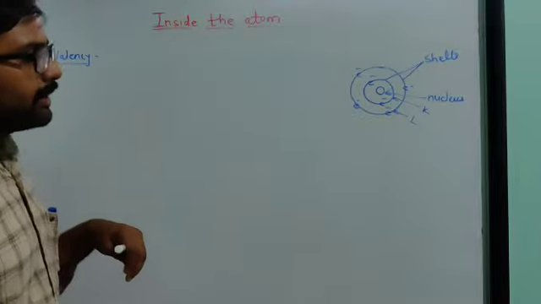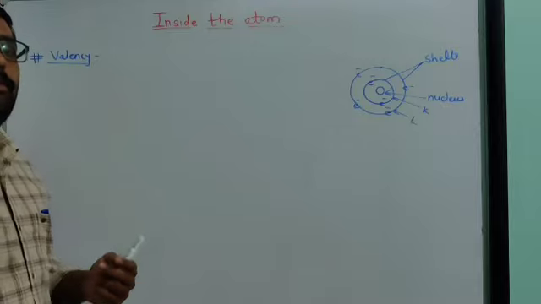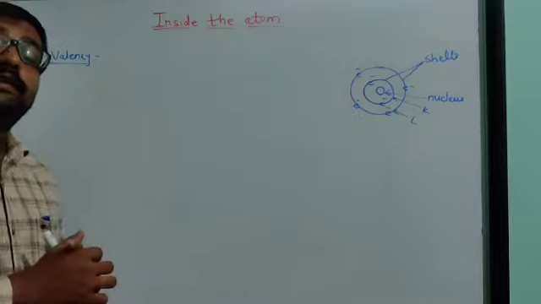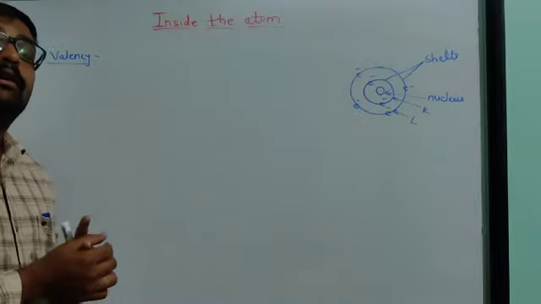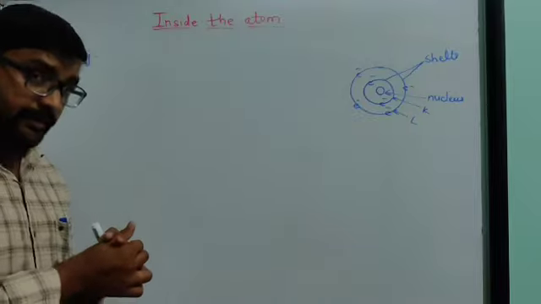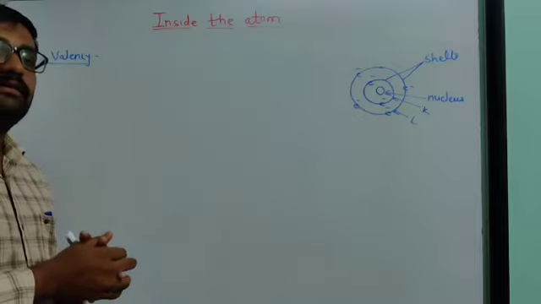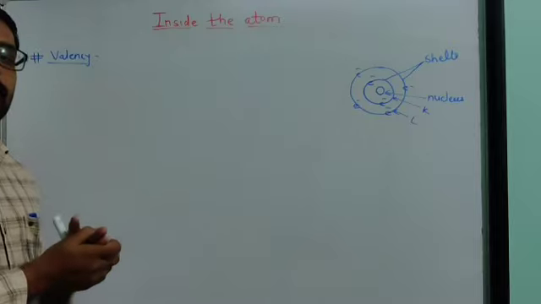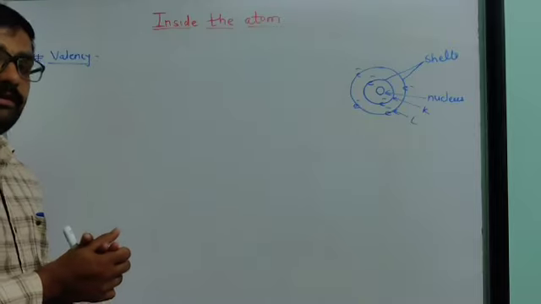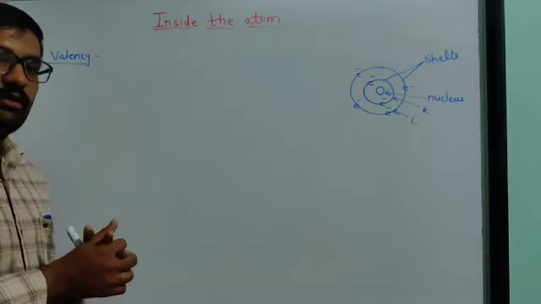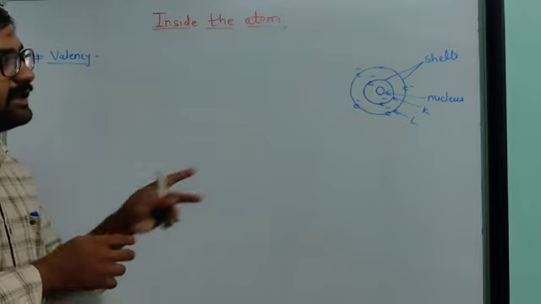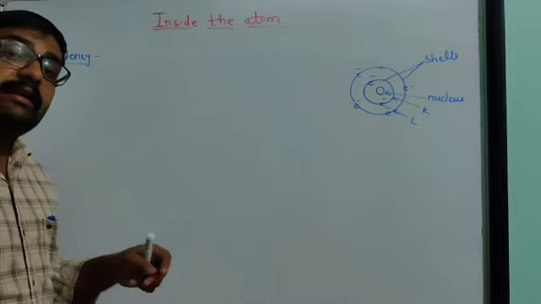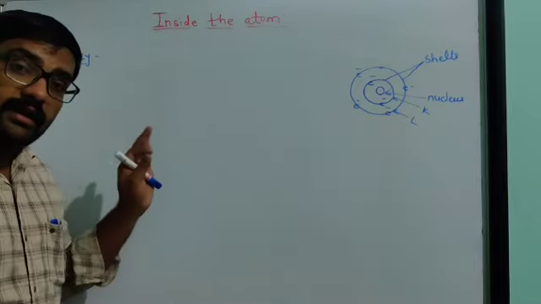Now remember, up to now we have studied in this chapter the atom. What is an atom? Different theories of the atom. Then Rutherford's alpha scattering experiment. Then we studied the proton, neutron and electrons. Then we studied their arrangement: electrons revolve around the nucleus in different shells. We also studied the electronic configuration of an element.